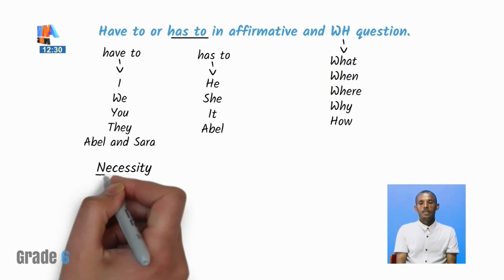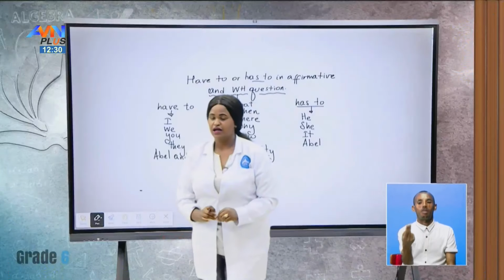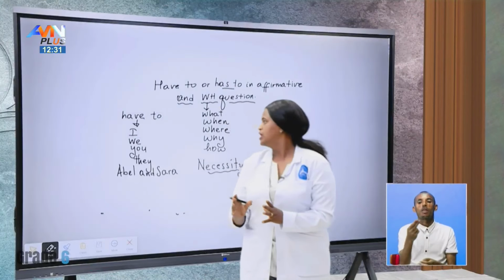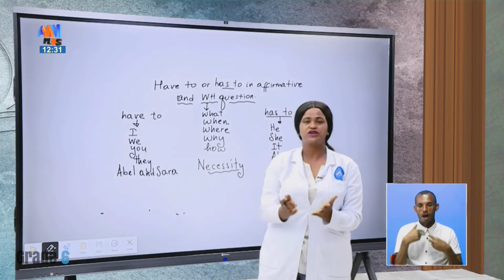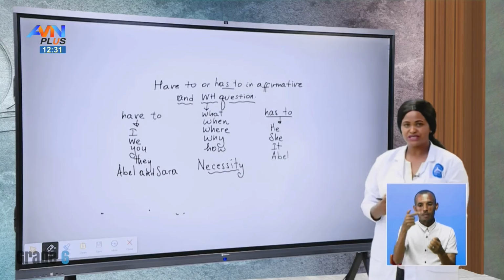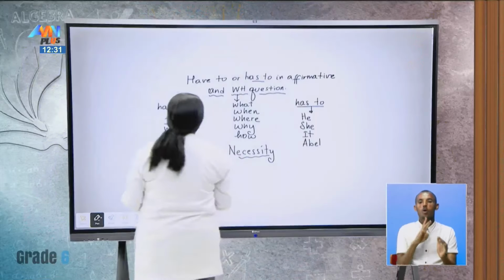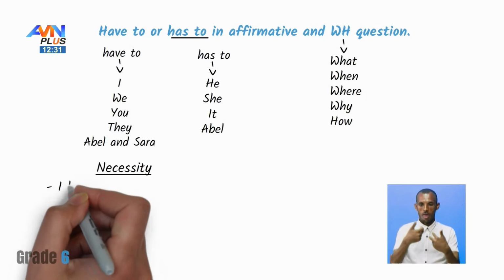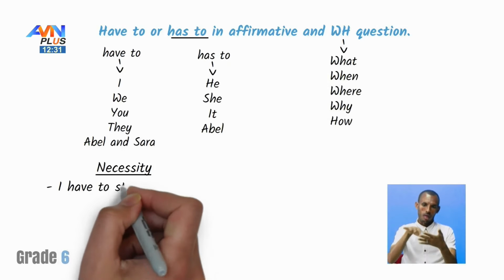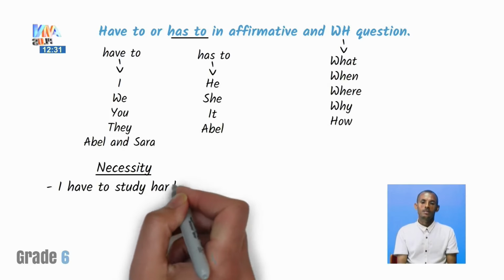Yes? Necessity. Something which is important, right? Can you tell me something important by using has to or have to? It's better if you use have to, which is for your own sake. For example, we can say, I have to study hard. Yes?